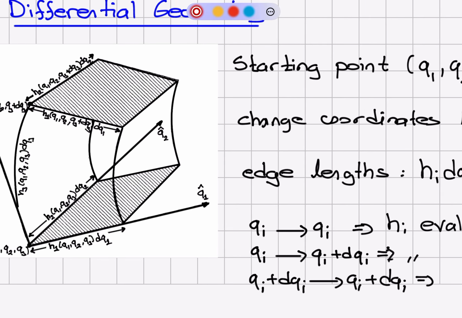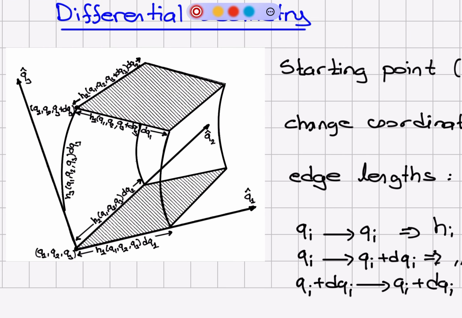But if I'm going from one point to another point that does not include the origin, for example, going from q1, q2, q3 plus dq3 to a point where I also have q2 plus dq2, q3 plus dq3, and q1, then because I'm changing along that edge, I have to evaluate the hi value at that point.